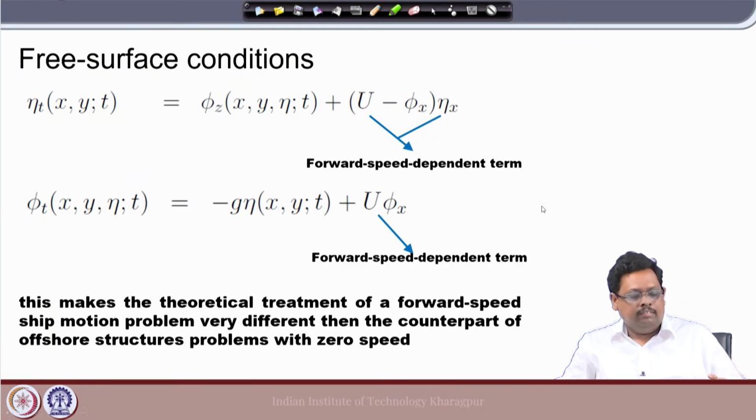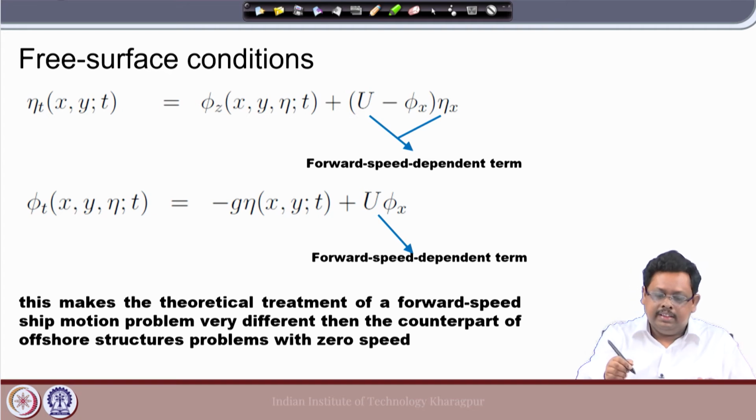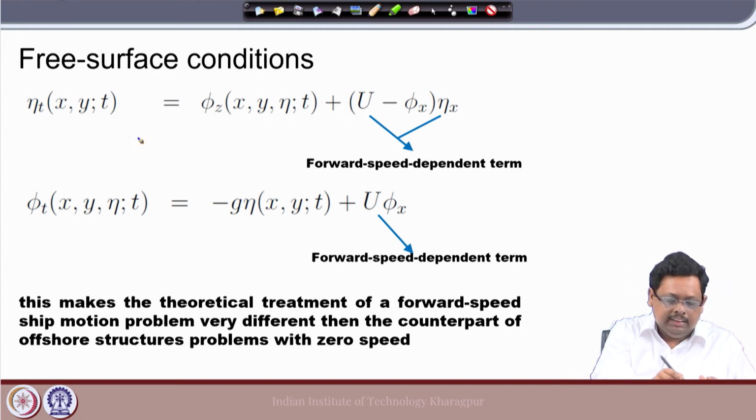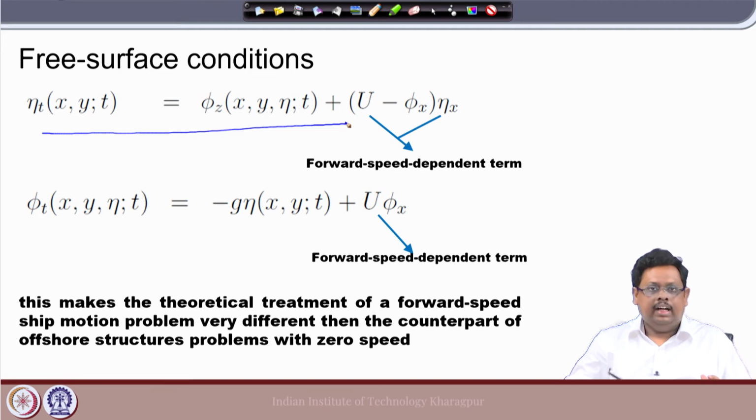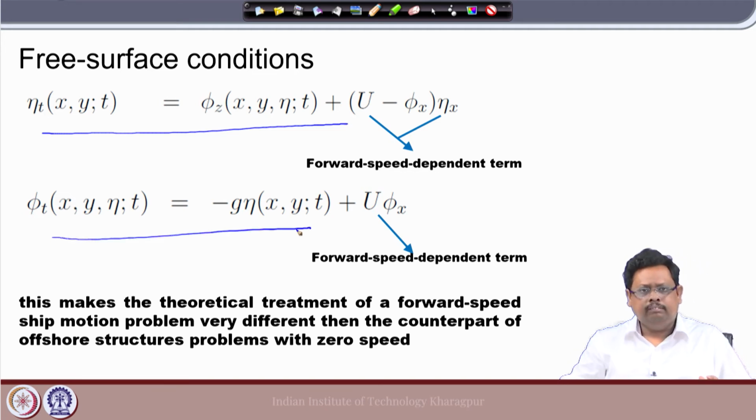Now in the last class also we discussed this expression for the free surface boundary condition. The first term refers to the kinematic free surface condition, and the second term refers to the dynamic free surface boundary condition.